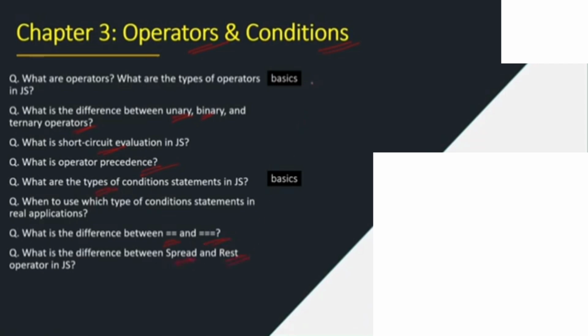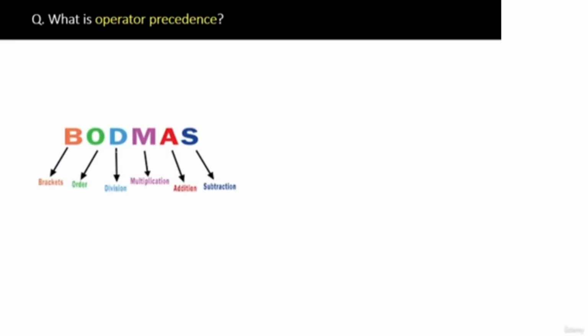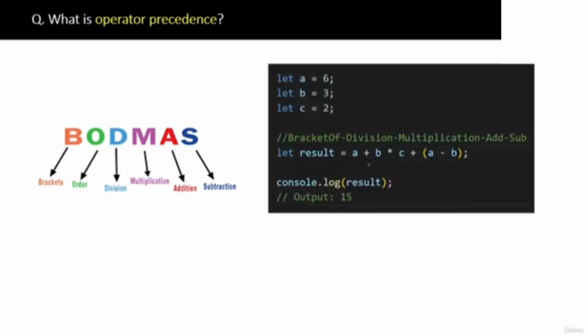Alright, let's start by revising the basic first question. What is operator precedence? Very short and simple question. If you remember the BODMAS rule, then you already know this. Here is the code. As you can see, we have three variables a, b and c. Now how will this expression be evaluated? Shall we do a plus b first or a minus b inside the bracket first?